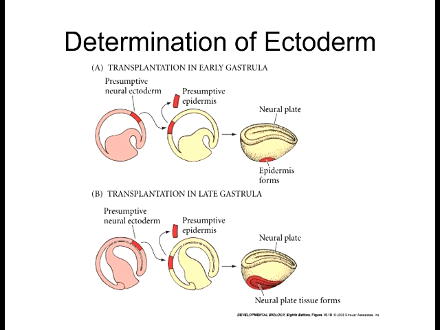So there comes a point where once the cells have been influenced by the organizer, they start to become more committed down a particular cell fate, whether they're going to become mesoderm or endoderm or neural tissue, which is what they show here. The same tissue, before it's influenced by the organizer, hasn't committed itself to what it's going to become. So you move it to another area, it's going to become a different tissue.